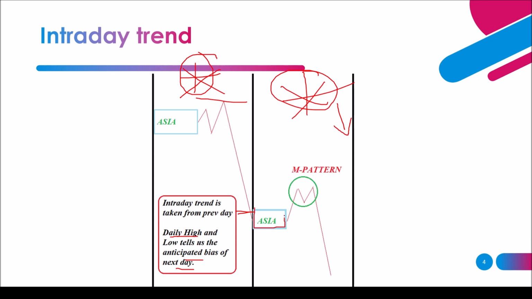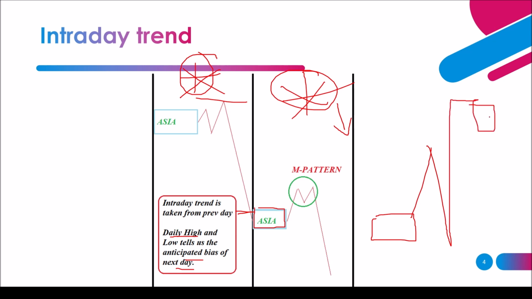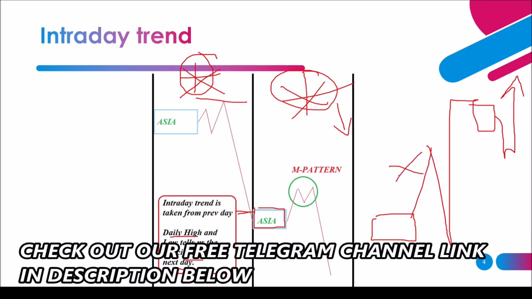On the day where we are going to be looking for an entry, we need to see the pattern, in this particular case an M pattern, above the Asian session. If it was having this particular day high, this is the low and this is the high. On this day, we wanted to see a pattern below the Asian session like that, to continue the anticipated bias from this particular day.